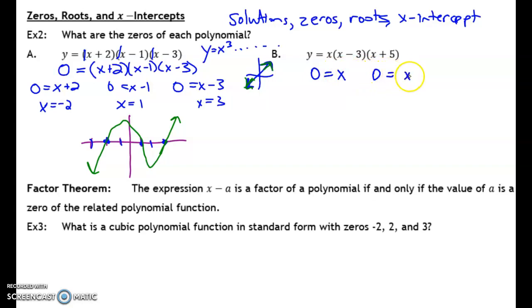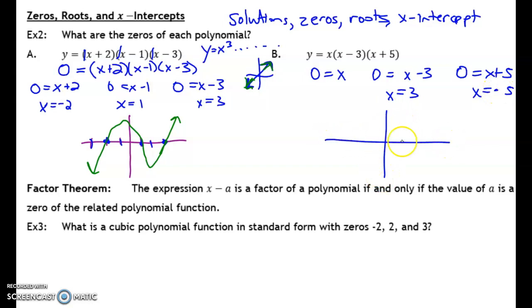Don't forget about setting x equal to 0 as well. Go ahead and try to graph that out.